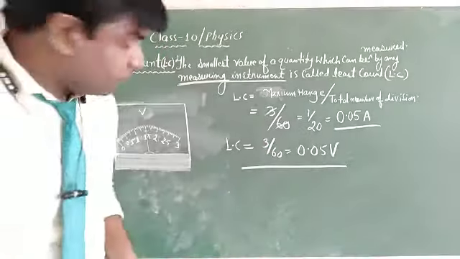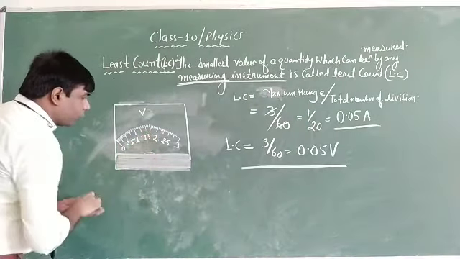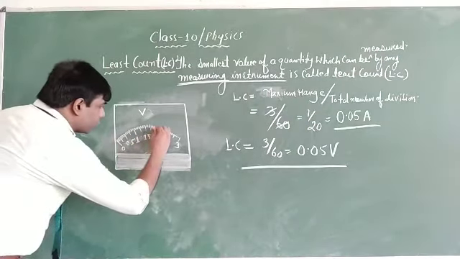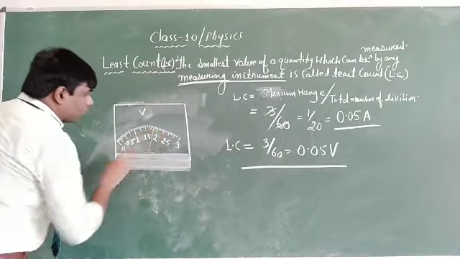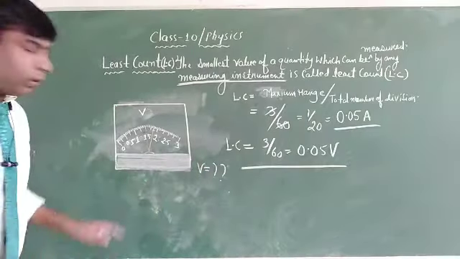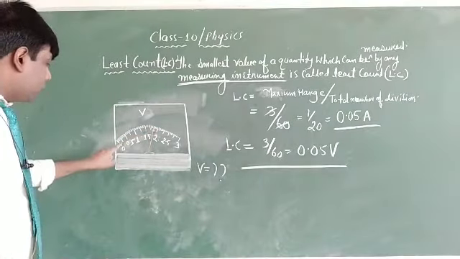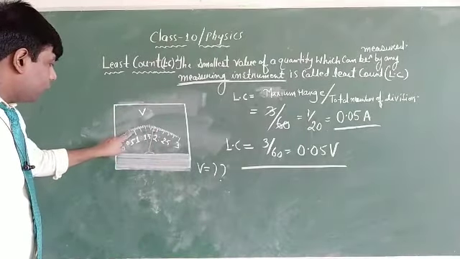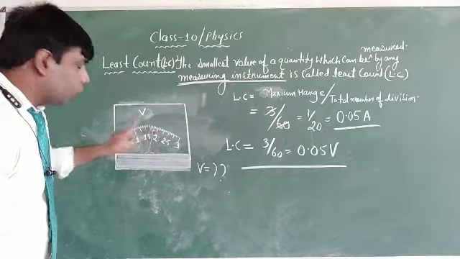Now for example, see in this instrument, the pointer is at this position. Find the voltage. Now this pointer is at this position. So what do I have to see? This is 10 divisions, 20, 30, 35, 36, 37.